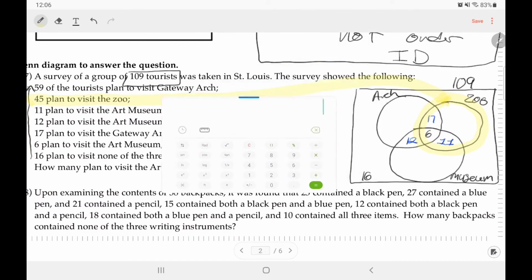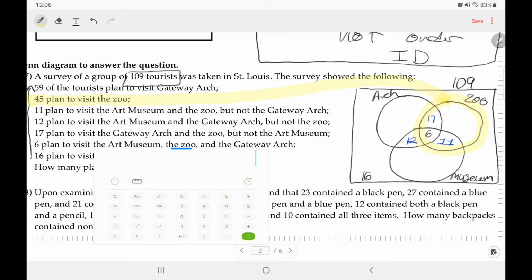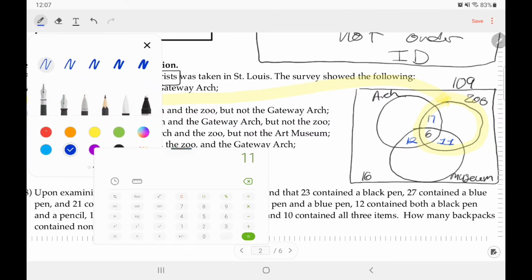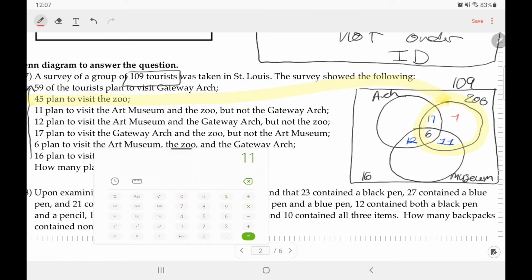To find out how many more I am missing to get to 45, we're going to add 17 with 6 with 11, which is 34. After you have that, you're going to subtract 34 from 45. So 45 people plan to visit the zoo minus the 34 people already inside that category gives me 11. So 11 will visit the zoo only.